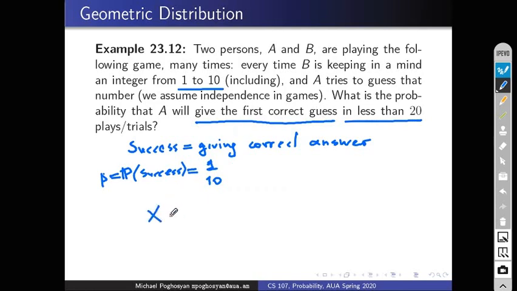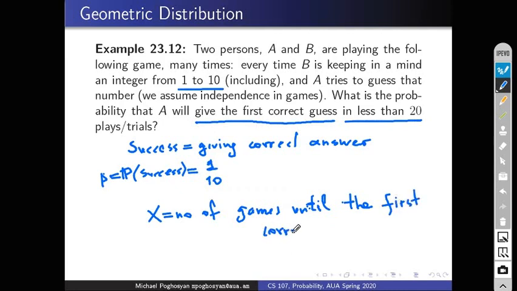So if X is the number of games until the first correct guess, or which is the same, the first success guess, then, of course, X is geometric with probability of success 1/10.